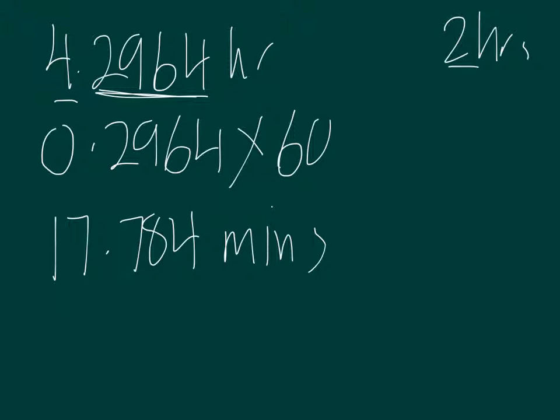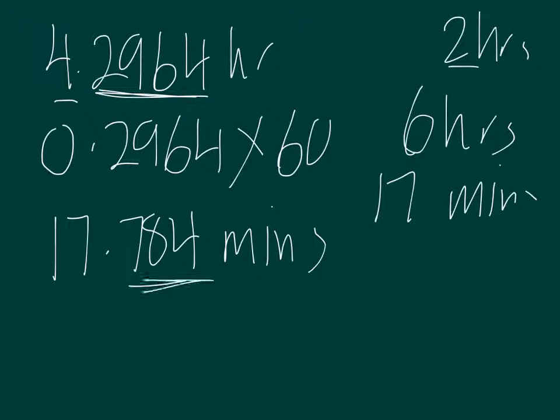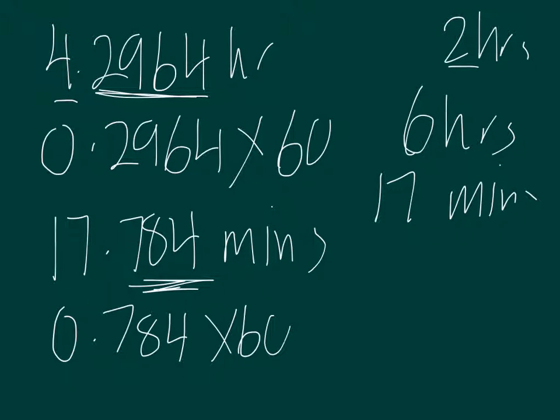So I've got my 4 hours and I've got my 2 hours, so that's 6 hours. So far I've got 6 hours, 17 minutes, and now I need to convert this part because this is my seconds. So again, it's the same process, multiplying by 60 because there's 60 seconds in a minute. 0.784 multiplied by 60. All right, and to be honest, guys, you're going to have more of these type of messy ones than the nice even ones.